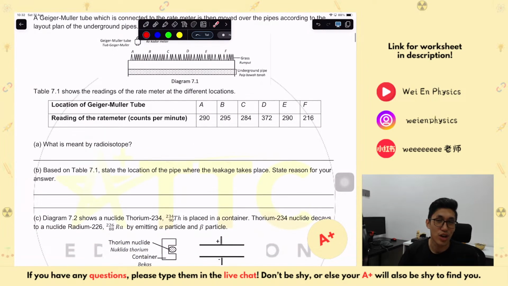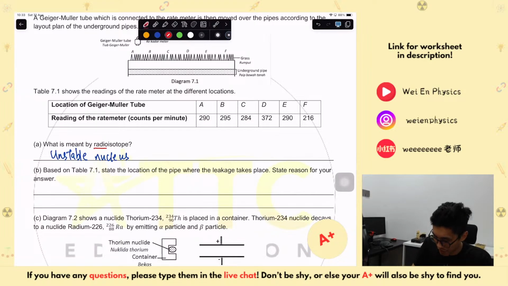First off, what is meant by radioisotope? Radioisotope means radioactive isotope. So we do two of them separately. Let's explain the first part first. Radioactive means what? Radioactive means unstable nucleus. Then what's the meaning of isotope?